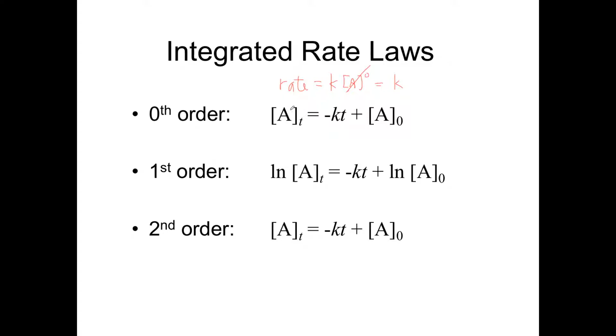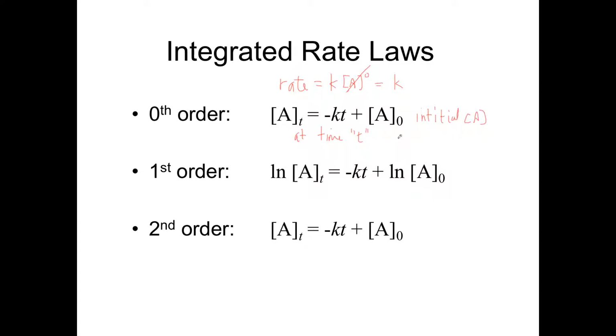It is the concentration of A at some time t, whatever that number is, this t, is equal to minus k, and that's the same k as this, right? Minus k times the time plus the initial concentration.